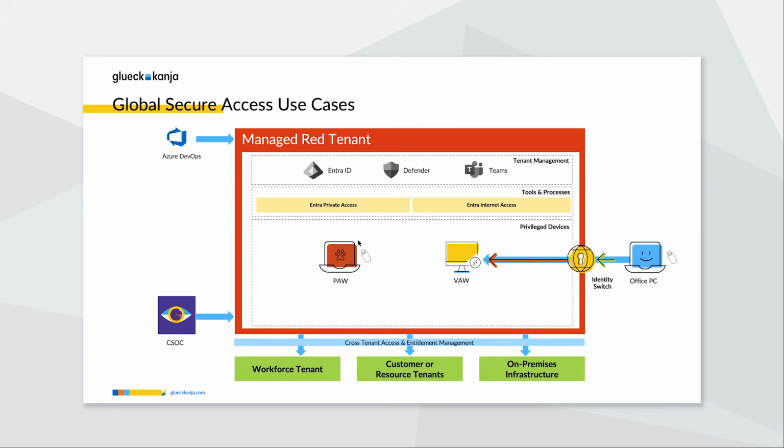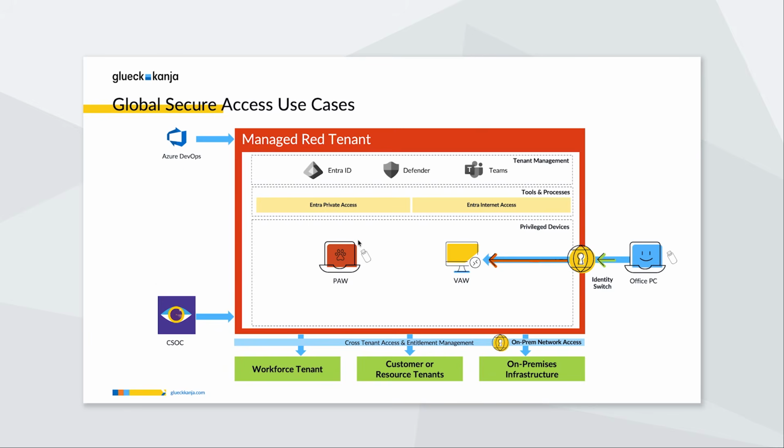This is a very critical point, and we can use Entra Private Access for it. We can also use Entra Private Access for the access from the PAW and the VAW to the on-premises infrastructure, or your Azure landing zones, or everything that is not internet or SaaS services.